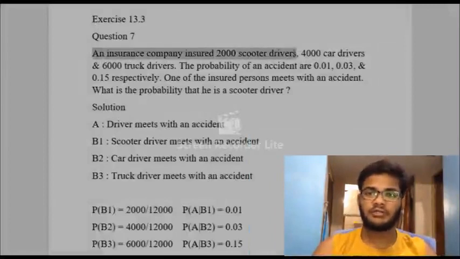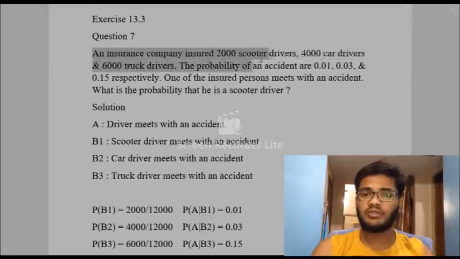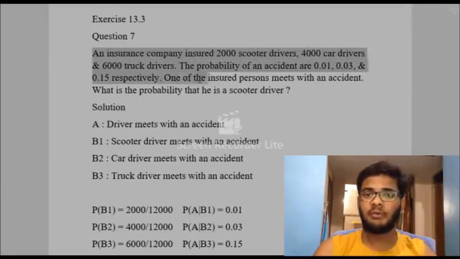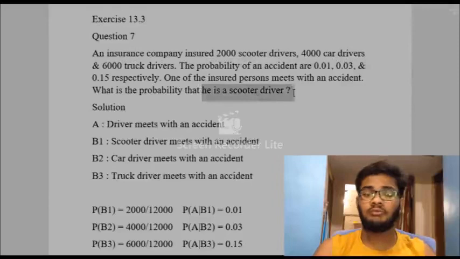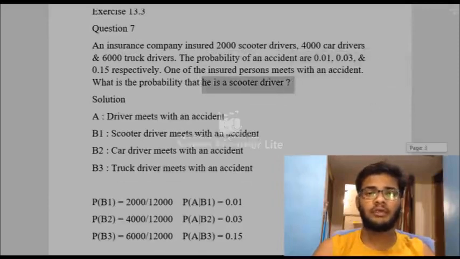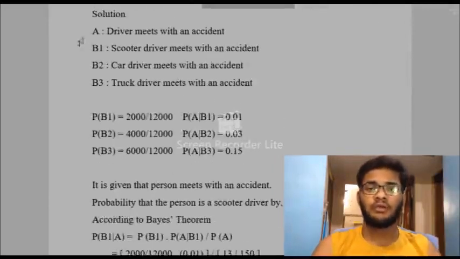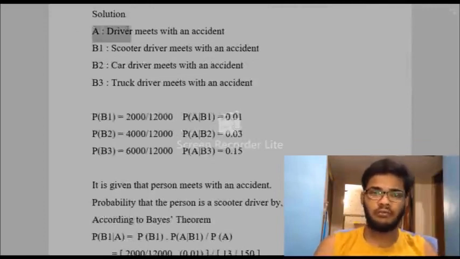So let's solve the actual question of 13.3, question number 7, in which an insurance company insured 2000 scooter drivers, 4000 car drivers and 6000 truck drivers. The probabilities of an accident are 0.01, 0.03 and 0.15 respectively. One of the insured persons meets with an accident. What is the probability that the person is a scooter driver?